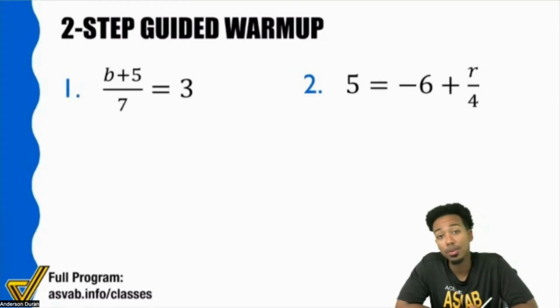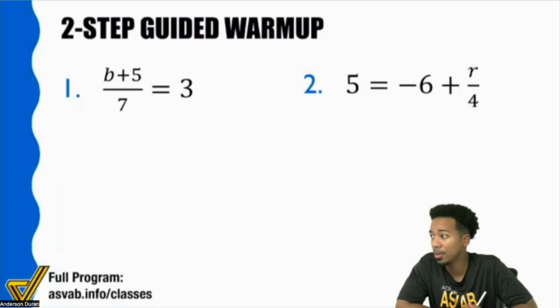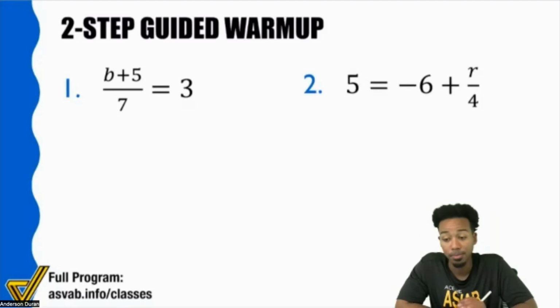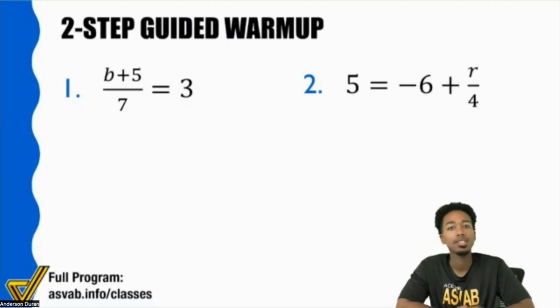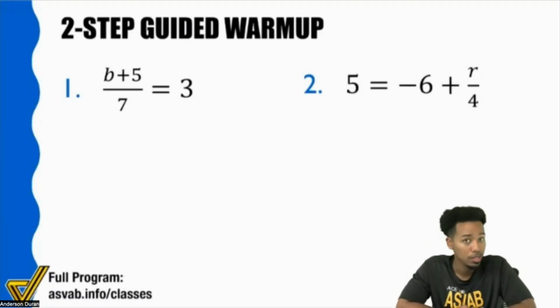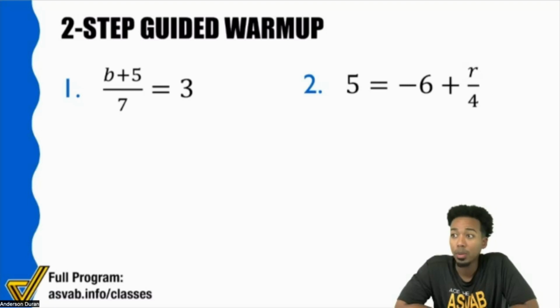I want to teach you how to do these, because quite honestly, it's all the same idea. It's following the same sets of rules, the same steps. So let's remind ourselves one more time.